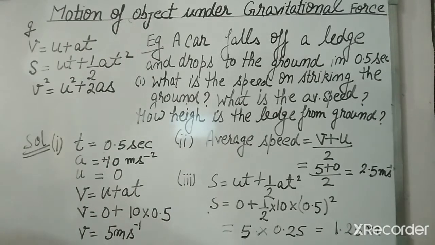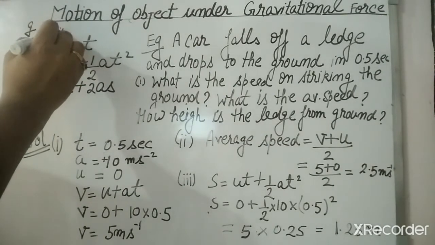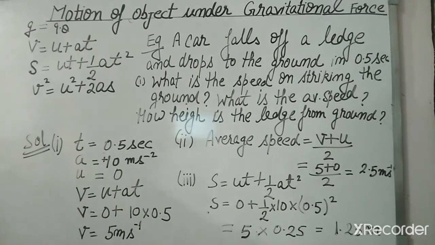As g is constant near the earth, the acceleration due to gravity which we calculated in the previous class is 9.8, and it is always constant near the earth.